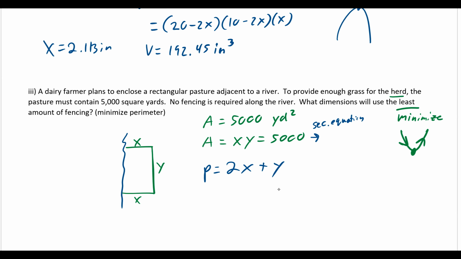So if we solve this for y, divide both sides by x, it doesn't matter which letter you solve for, but we're solving for y so that we have everything in terms of x. This now allows us to take this and substitute it here. So we have p equals 2x plus, and then now we can plug that in. And now we're good.